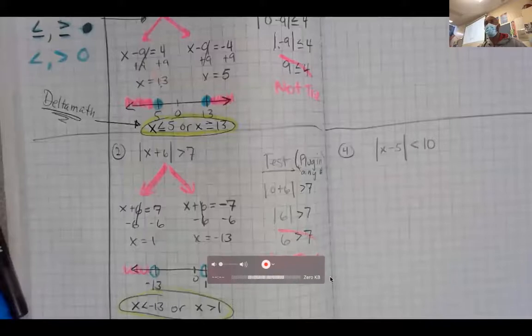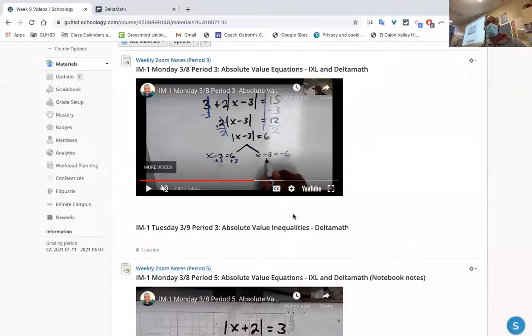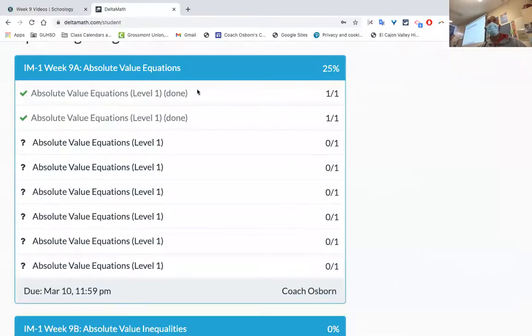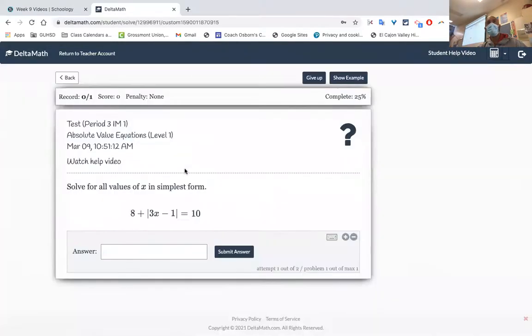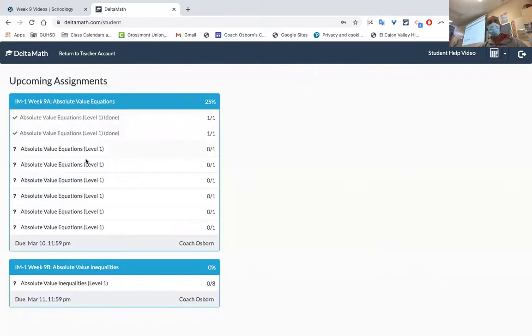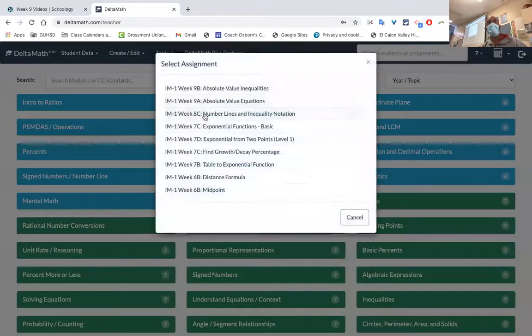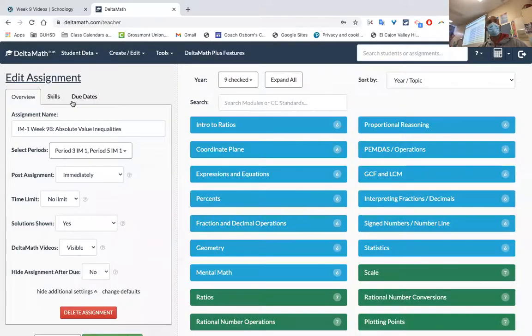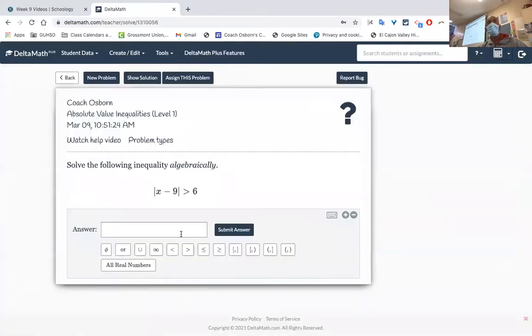Okay, so let's just say you're plugging in your answer on Deltamath. Let's say this one here. Let's go to my side of things so we can kind of see how it goes. Right, so I'm working on this one, and I find that the answer is, I would add 9 the first time, so I get 17.